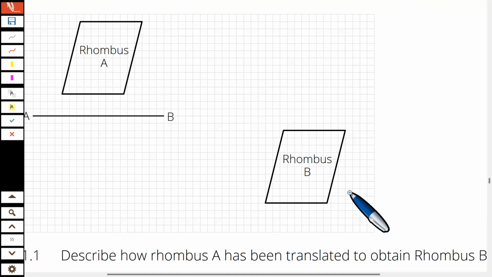Right, so I want us to think more about what actually happened, but it was not a rotation, it was some other form of transformation.